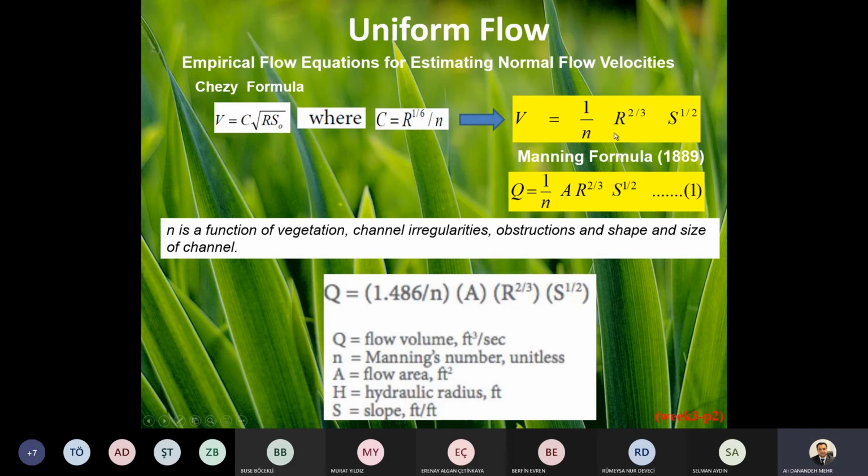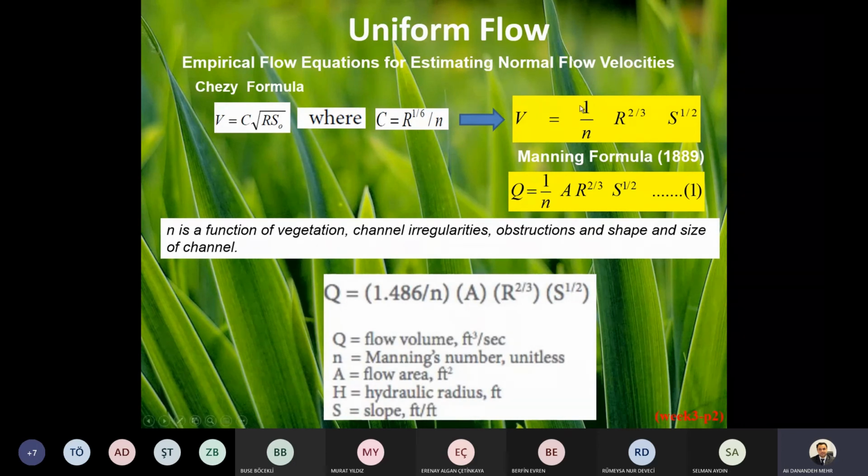R is from the unit of length, yes, R, hydraulic radius, meter, for example. The unit is meter to the power of 2/3, and here is meter over second, or meter per second. So you see that both sides are not of the same dimension. If you assume that n is dimensionless, we know that n is dimensionless, but here 1 actually is not dimensionless.